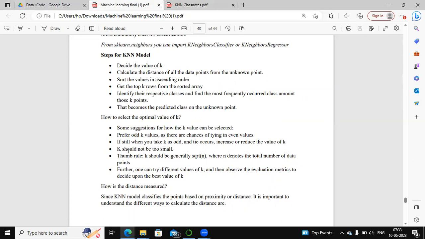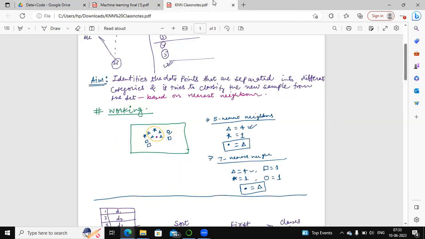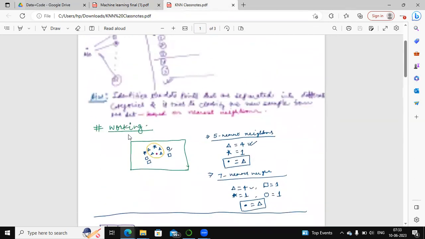Also, k should not be too small. Usually, the rule of thumb is to take k as the square root of n, where n denotes the total number of data points. Let's say we have 125 data points.